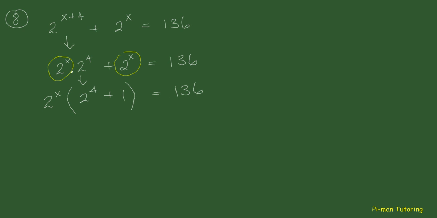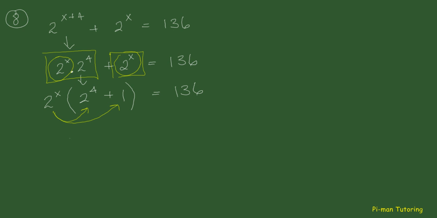If you're not confident with pulling out common factors, just go backwards and make sure that when you expand the bracket, you get the original expression. So 2 to the x times 2 to the 4 gives me this first term, and 2 to the x times 1 gives me the second term. So this is correctly factored.